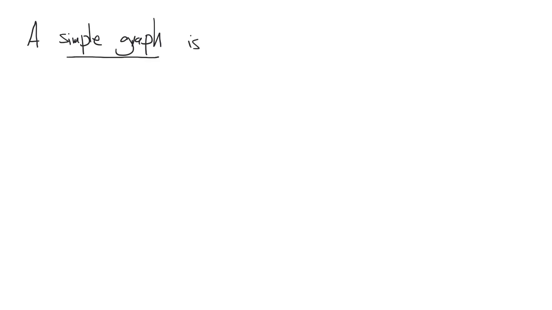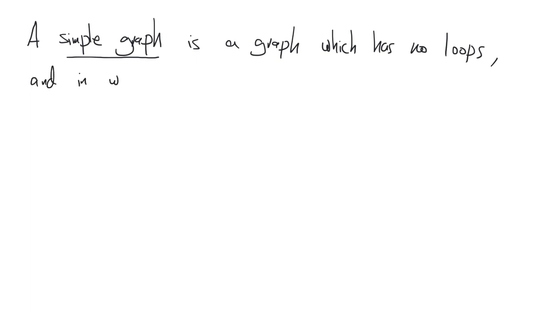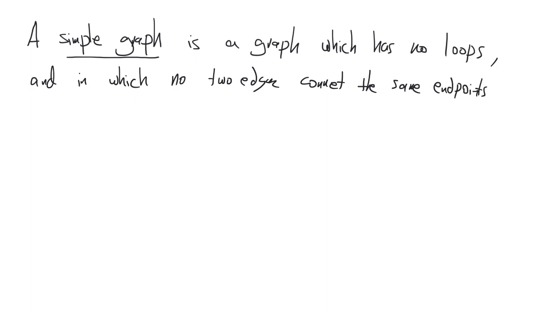So a simple graph is a graph which has no loops, and in which no two edges connect the same endpoints.